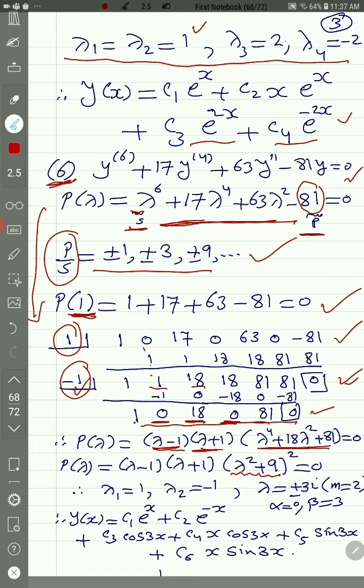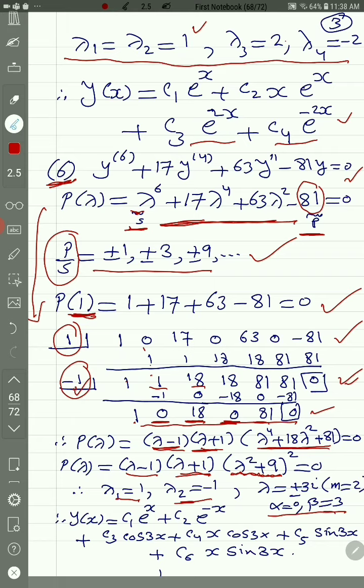See, it's very easy. If you try the other real roots, you will never get it. It's finished, because this gave you complex roots. This is why I said in the beginning, possible real roots. So we have 2 real roots. Lambda 1 equal to 1, and lambda 2 equal to minus 1. And here we have the complex roots, because when you factorize this, it will give you plus minus 3i.